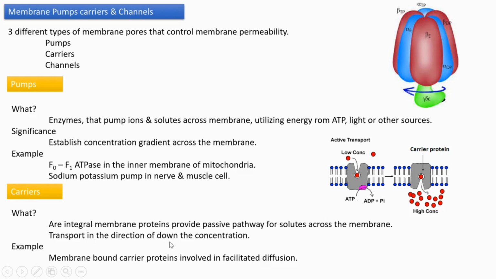Transport occurs down the concentration gradient, that is, from a high concentration region to a low concentration region. That is the direction of transport by carriers. An example of such carriers is the membrane-bound carrier proteins involved in facilitated diffusion. In facilitated diffusion, certain proteins are involved. They are examples of carriers.